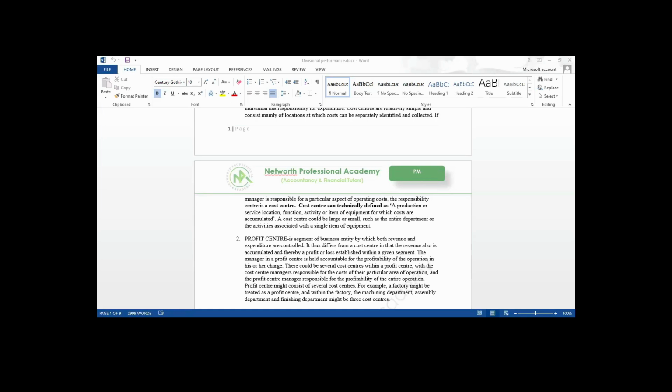The manager is also expected to generate revenue. Please note, a division may be a profit center. Division can incur costs. Division can generate revenue. Then we can determine divisional profits.